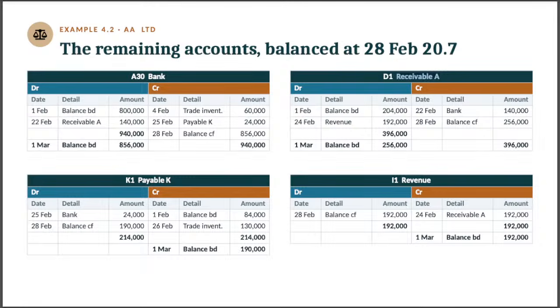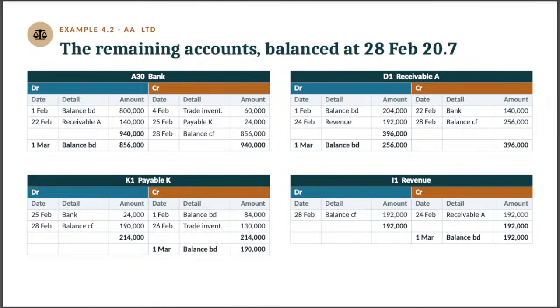Now let's look at receivable A. On the 1st of February, we have the balance down here, 204,000. We had some revenue, so we add 192, we got 396,000. Now we had the bank, 140,000 had to be paid over to there.